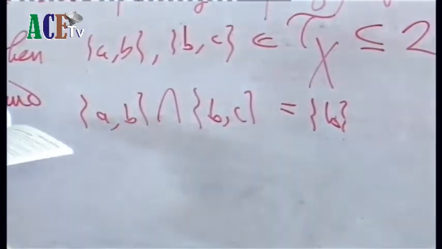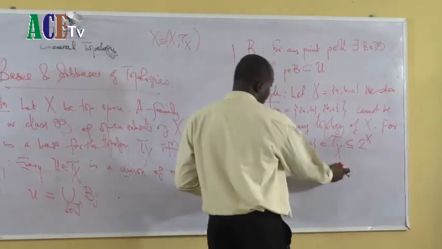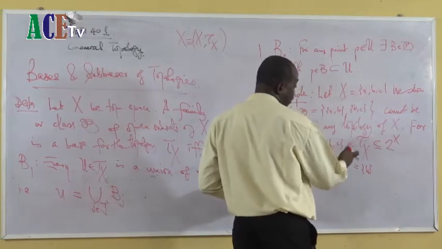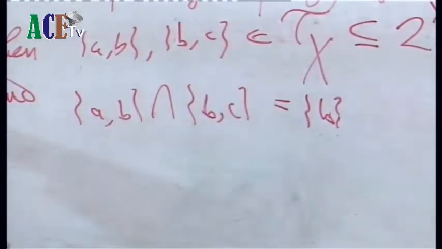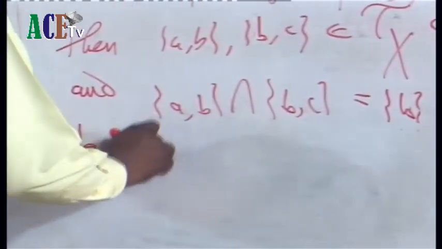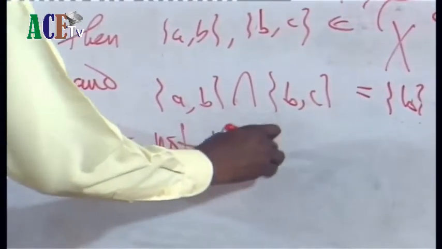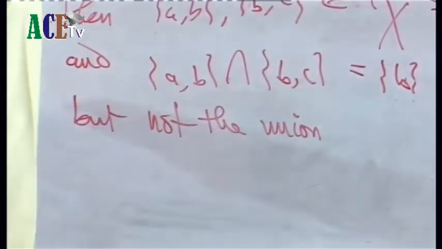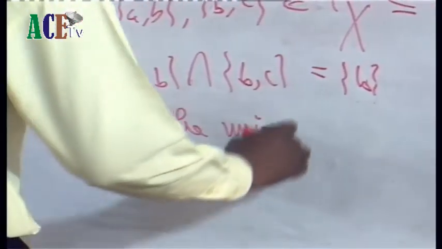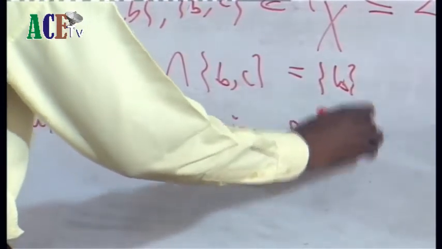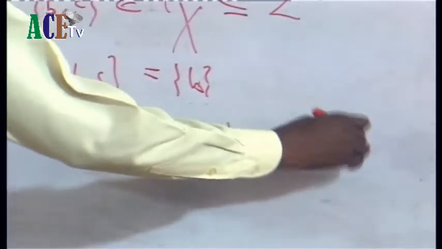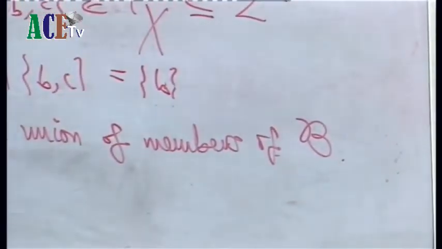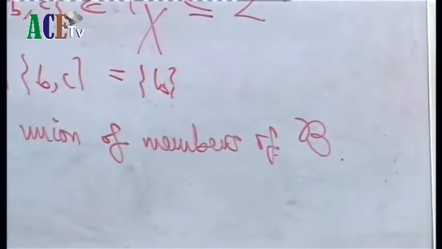Now, by the axiom of a topology, this B should also be here. But let's note that it is not a union of members of curly B. Now, what does this mean?